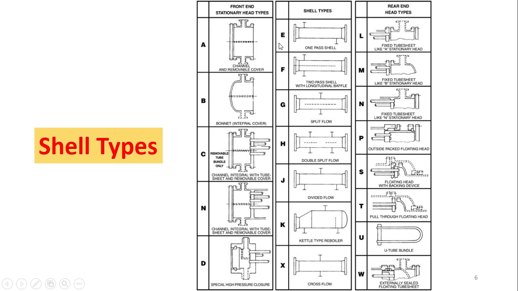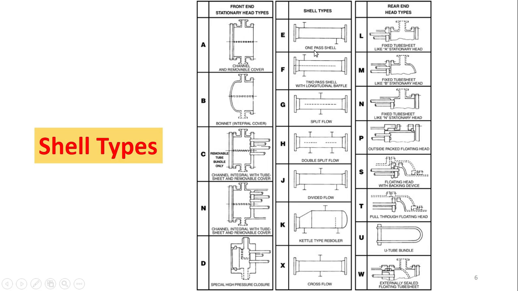There is the front head as well as the rear head, as well as the shell types depending upon the flow directions, or the pass or flow configuration on the shell side. Each head type, either the front head or the rear head, has been associated with a specific letter.